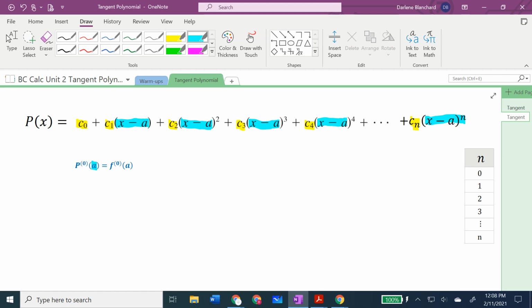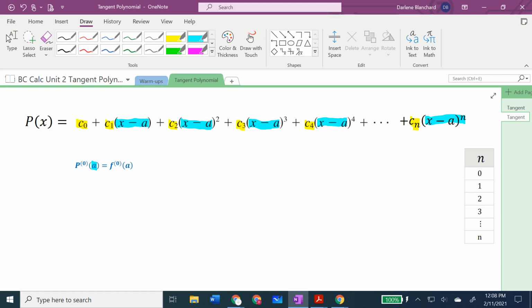Yep. It's easy to see where x equals a because it's making a bunch of terms 0. And you want to, from now on, think of your polynomials in this manner.